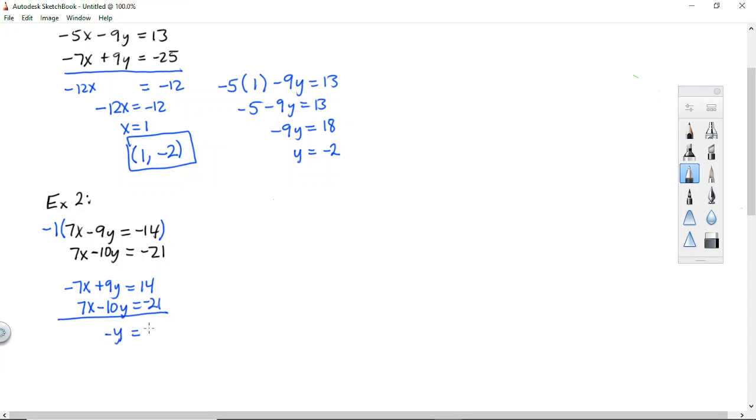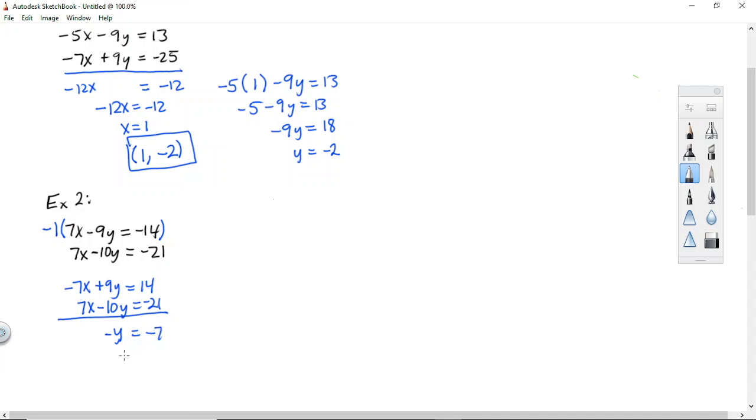And 14 plus -21 is -7. So we have -y equals -7.